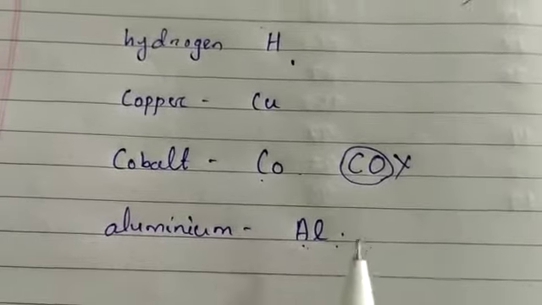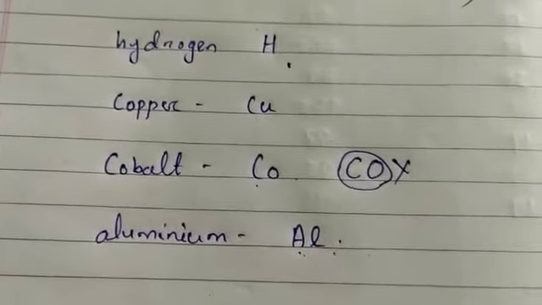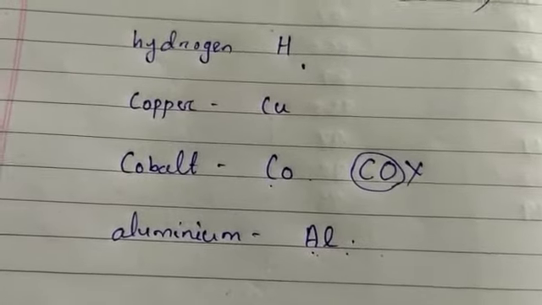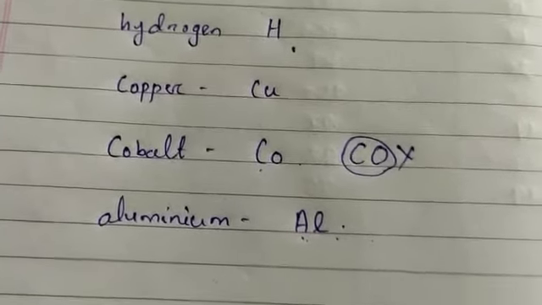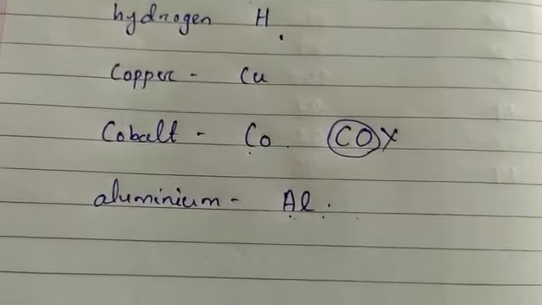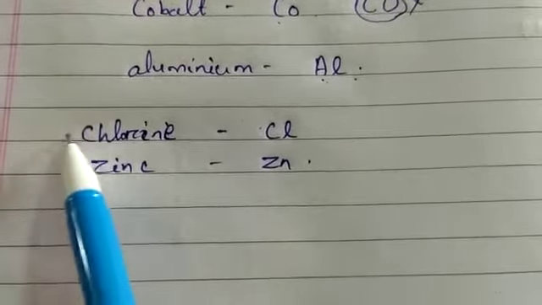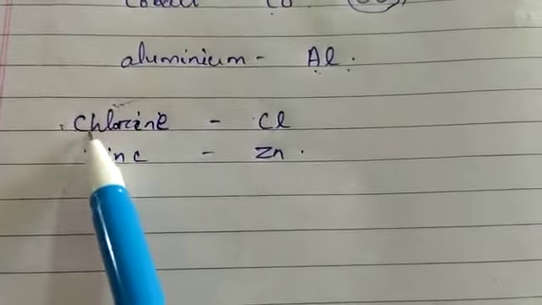Symbols of some elements are formed from the first letter of the name and a letter appearing later in the name. For example, take chlorine and zinc. Here the first letter is taken and a later letter is taken, not the second letter.